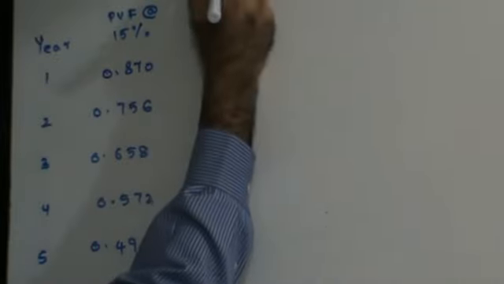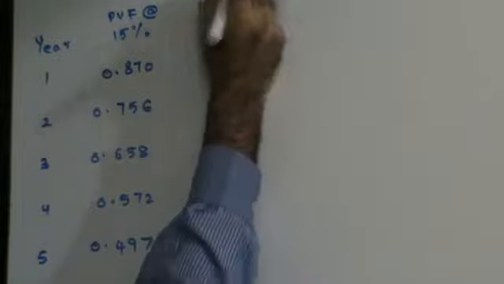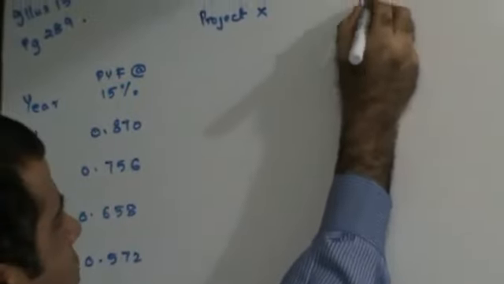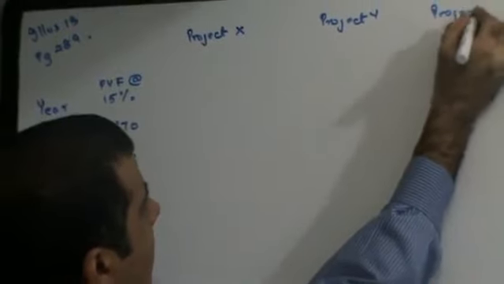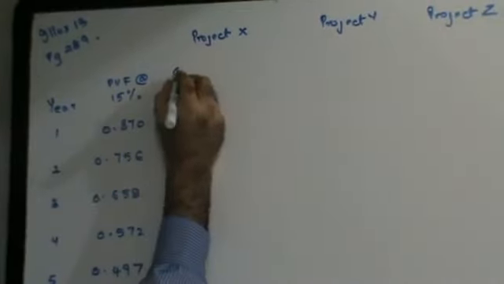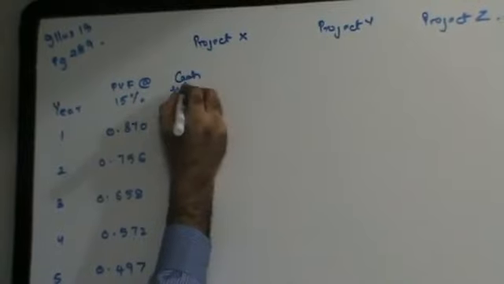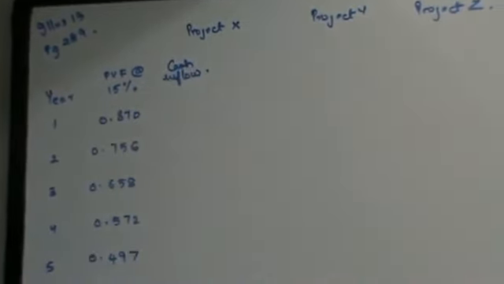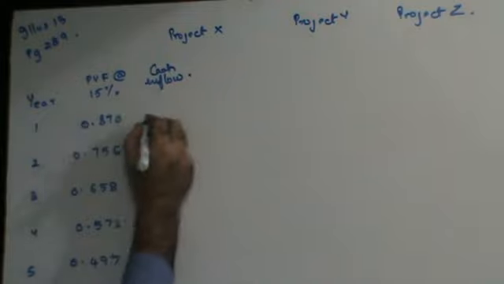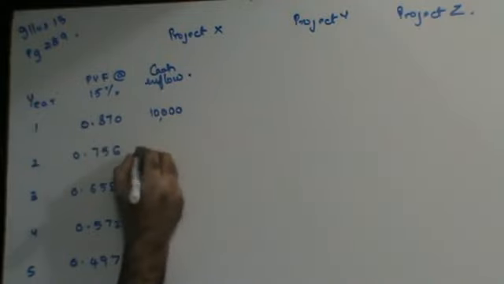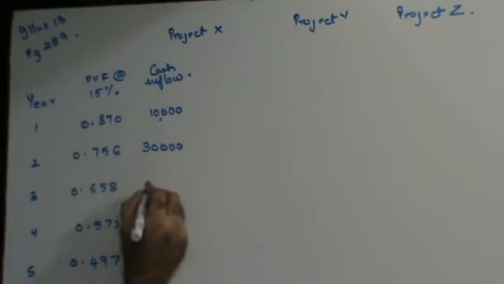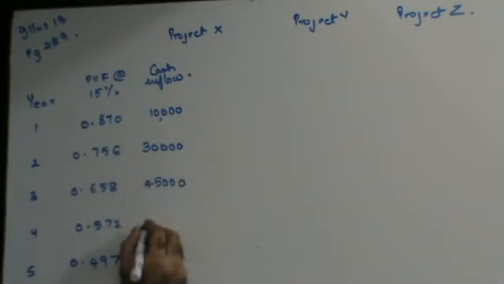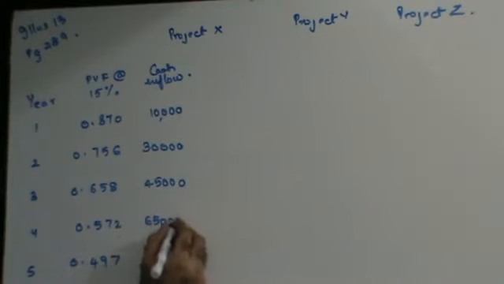Now let's first see project X, project Y and project Z, and their cash inflows. The cash inflow of project X is 10,000, 30,000, 45,000, 65,000 and 45,000.